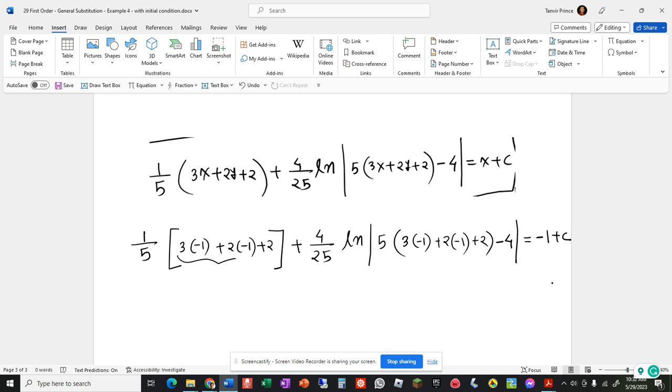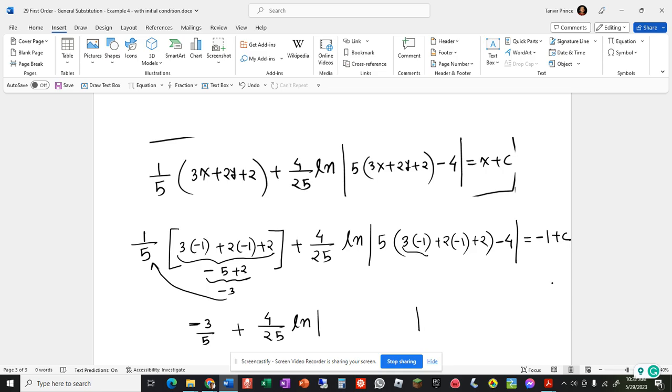So this will be -5 plus 2, or -3. So I get -3 over 5 when I multiply out, plus 4 over 25 ln. Let's see what I have inside the ln.